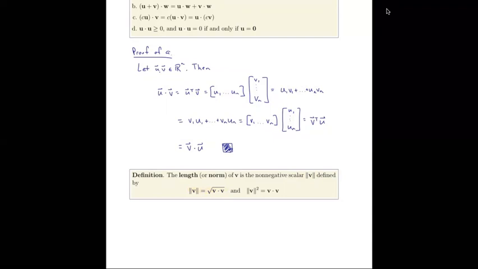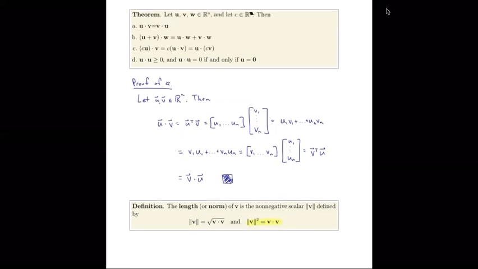Equivalently, if we take the positive square root when we solve for this equation. We also have this fact: we'll denote the norm squared as the dot of v with itself. Notice that, like we saw above, that's always going to be non-negative, so it's a reasonable choice to make.